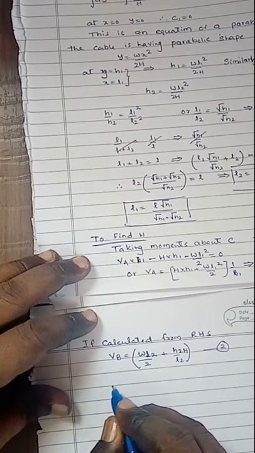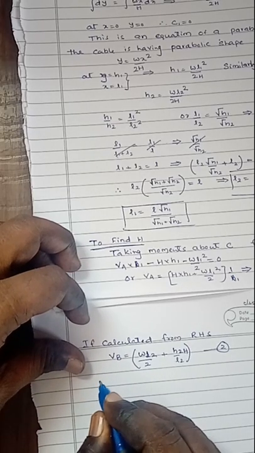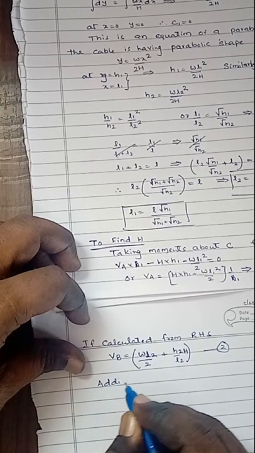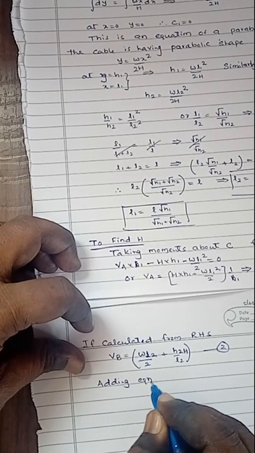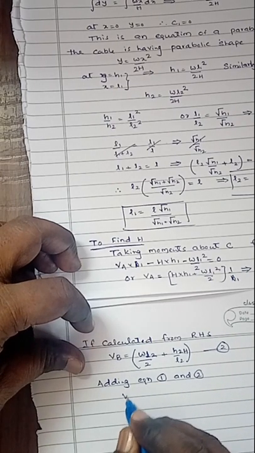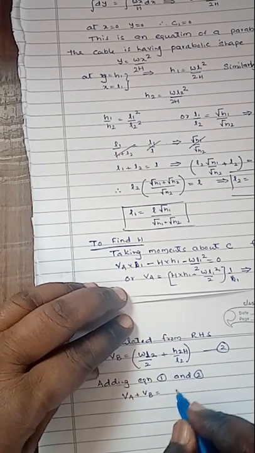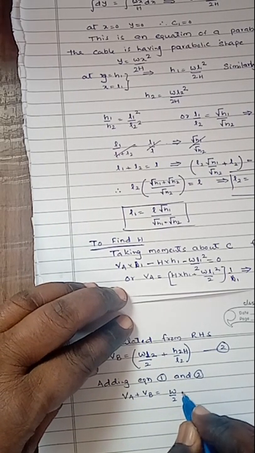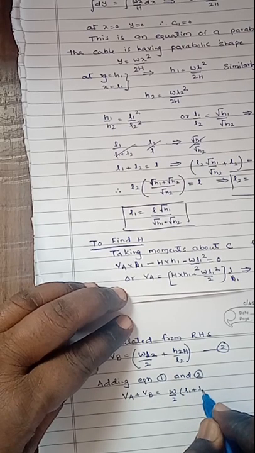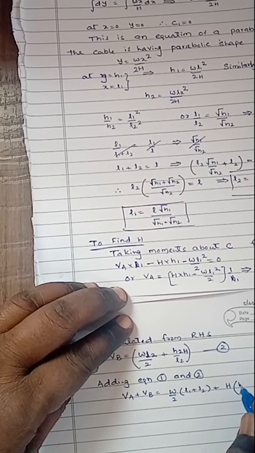By equilibrium equation, adding equation 1 and 2, we will get VA plus VB equals W by 2 into L1 plus L2 plus H into H1 by L1 plus H2 by L2.